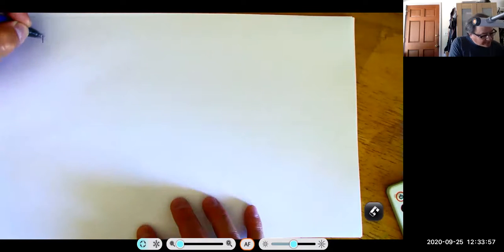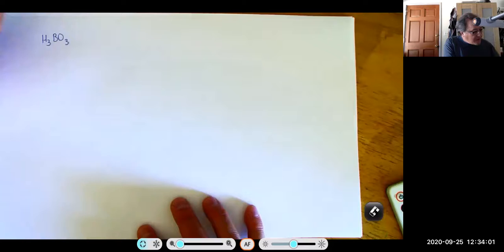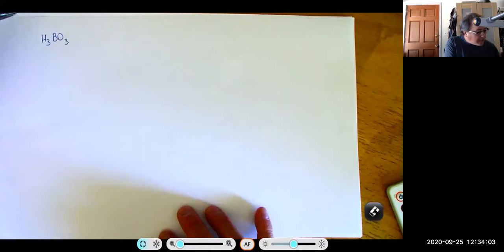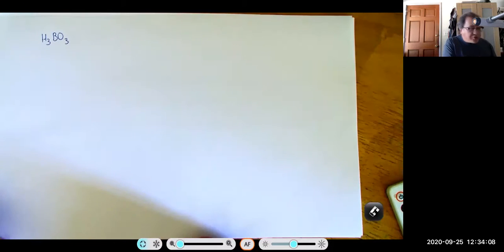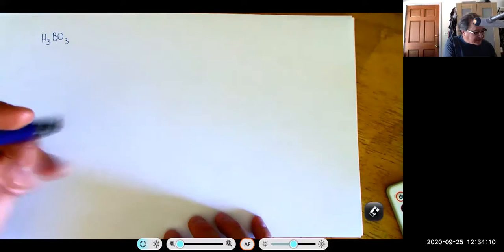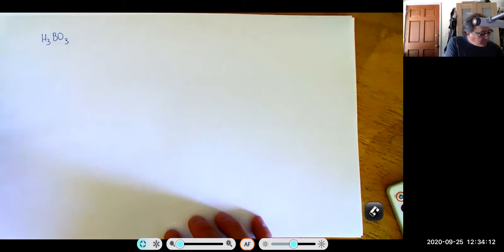So we have two acids. One is boric acid. Now, when you look at a formula of a compound, there's usually an indication that this is an acid. When you look at the formula, you look for two things.